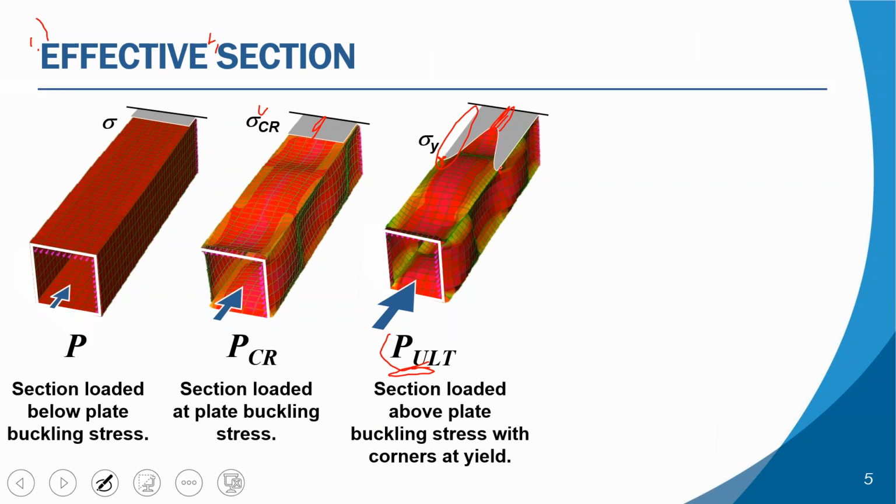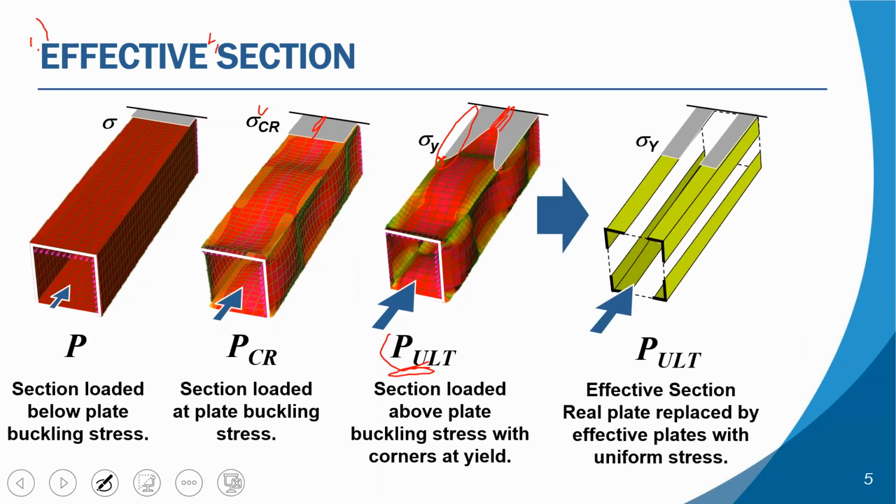So what is done is we substitute this real condition that we're looking at here with something called the effective section. And you can see that in the effective section, what we've done is thrown away some of the material in the center of the plate, which isn't very highly stressed. And we've put the whole section at a uniform yield stress, sigma y. And the theory tells us how much of this material to throw away.